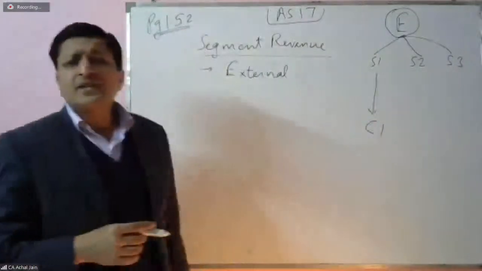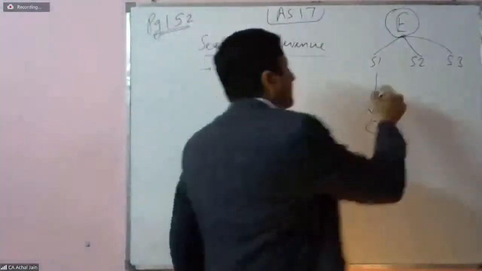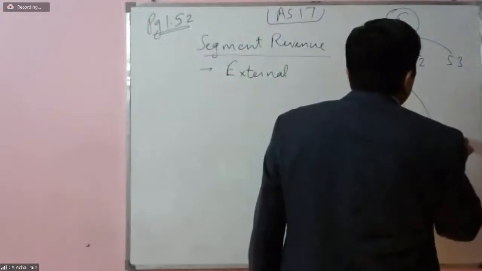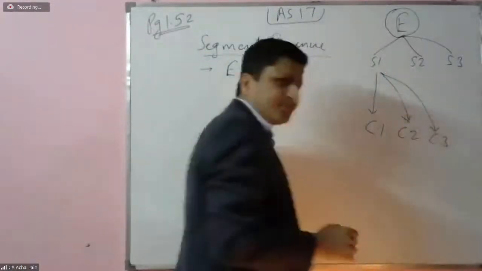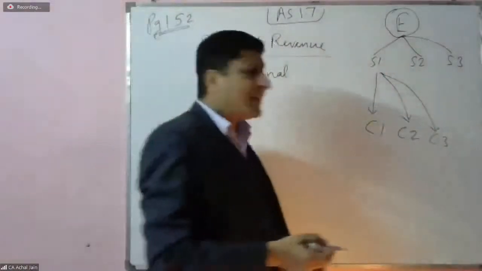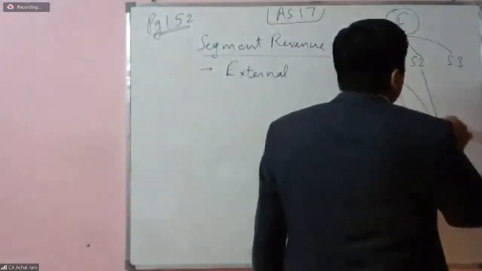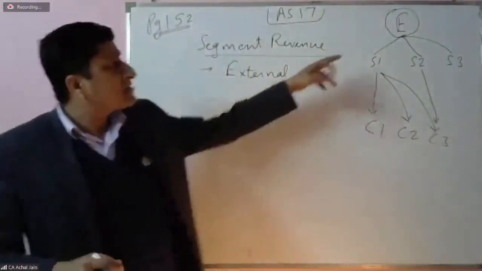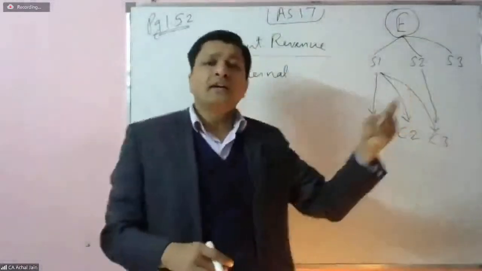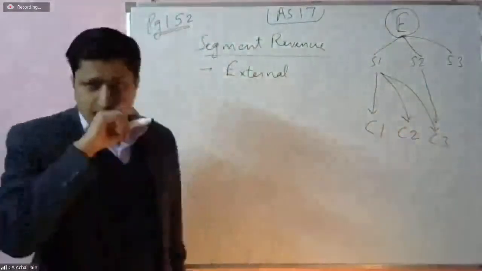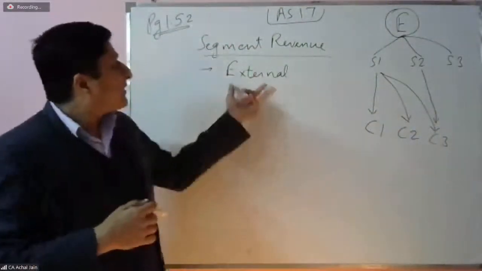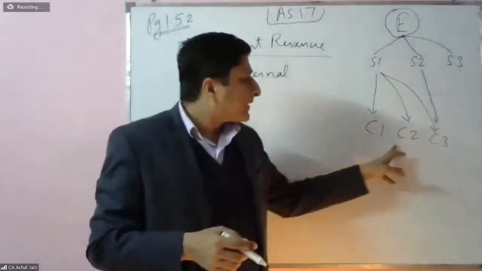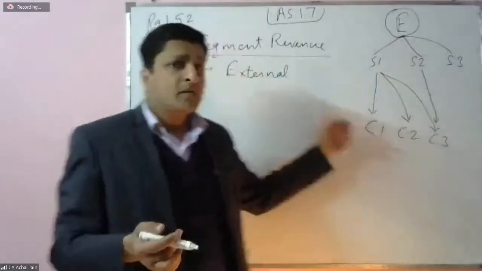S1 is selling to a customer C1. S1 is also selling to C2, and to C3. Similarly, S2 may be selling to C3. All of these sales which the entity is making outside the entity are external sales.